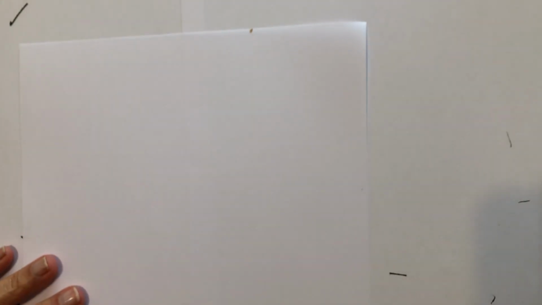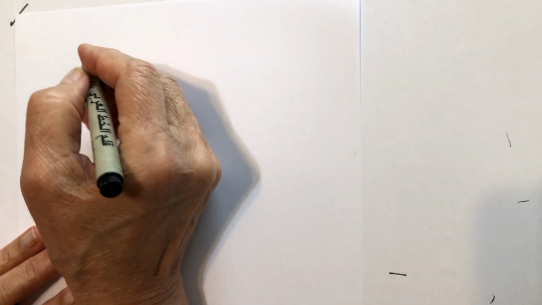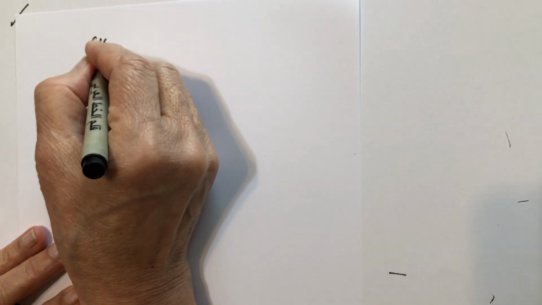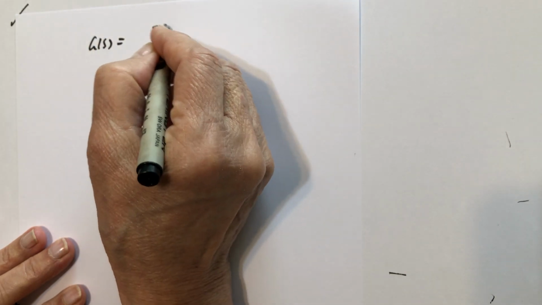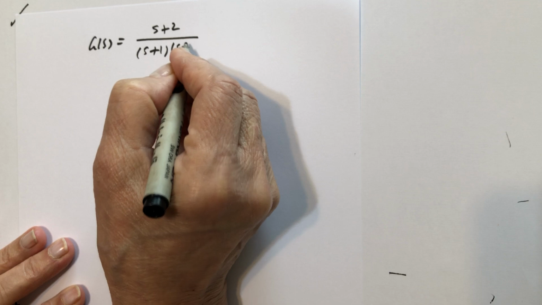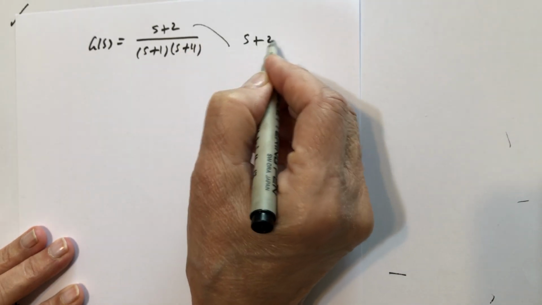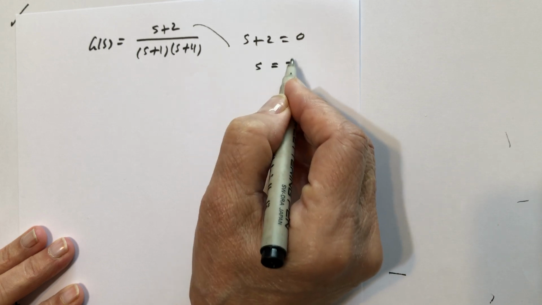Now, what's the meaning of a zero? We have G of S again equal to S plus 2 over S plus 1 times S plus 4. So I'll take the zero: I say S plus 2 equals 0, S equals minus 2.